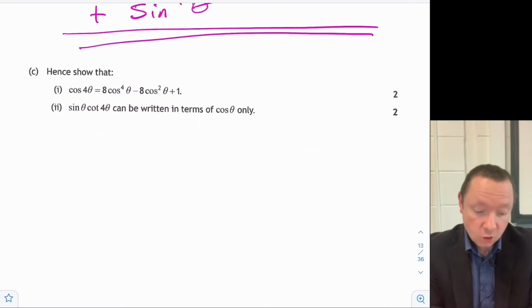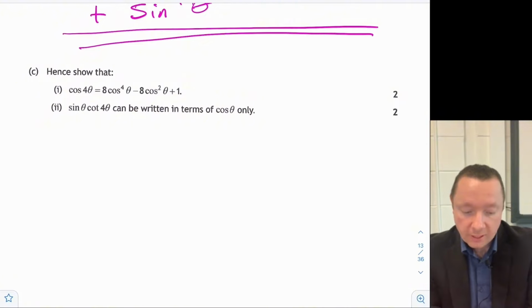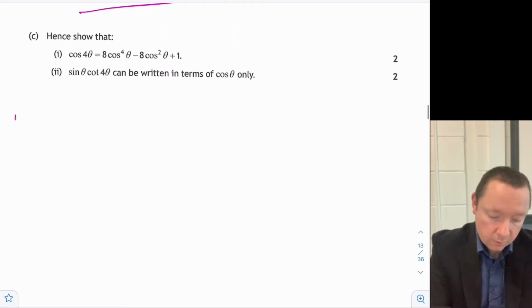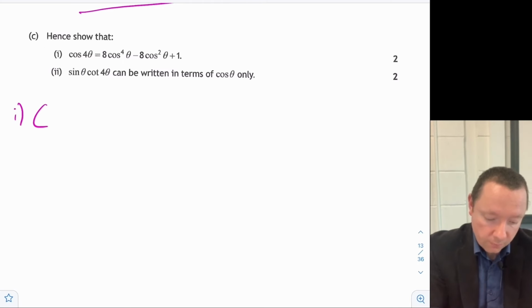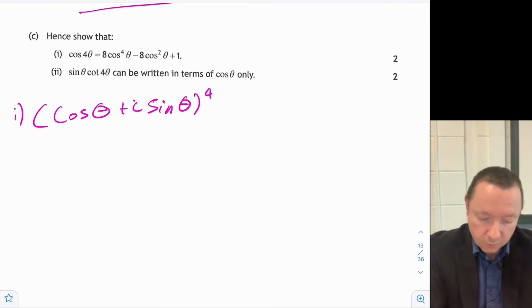Part C says, hence show that cos 4 theta equals 8 cos to the power of 4 theta minus 8 cos squared theta plus 1. So we already know that cos theta plus i sin theta to the power of 4, from De Moivre's theorem, is cos 4 theta plus i sin 4 theta.